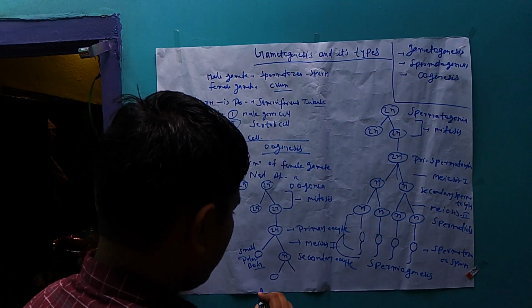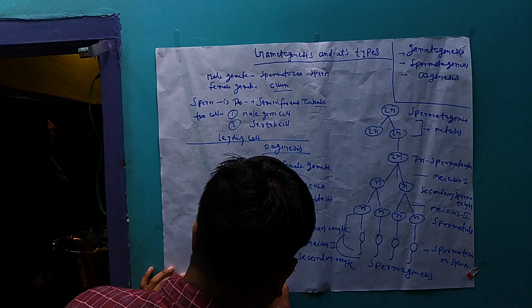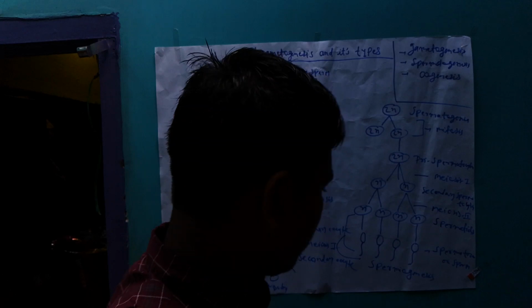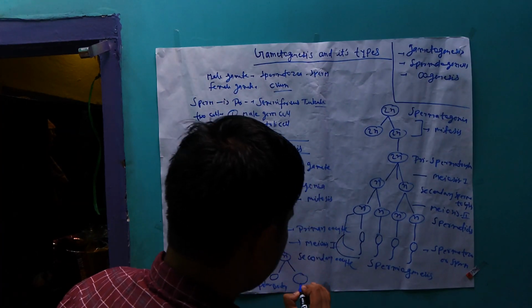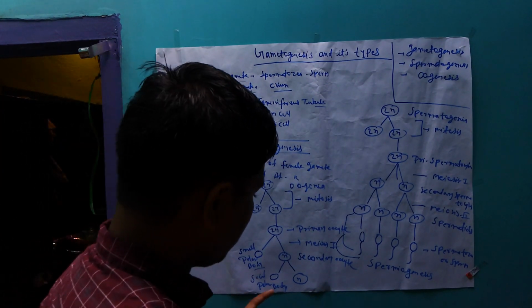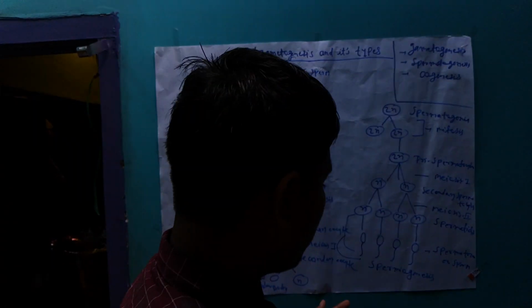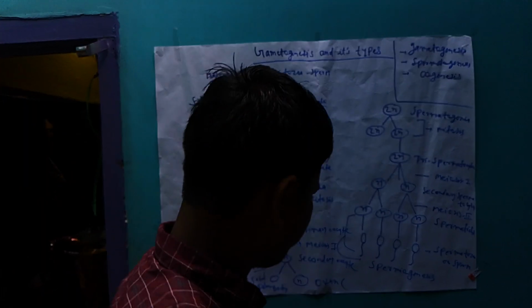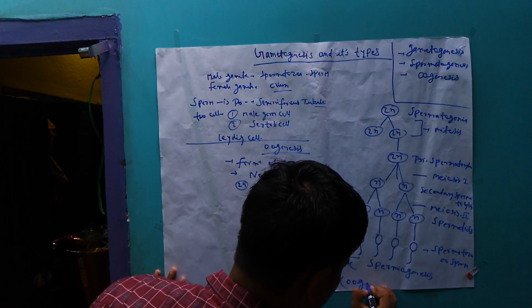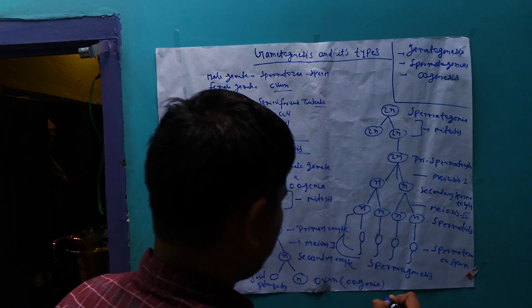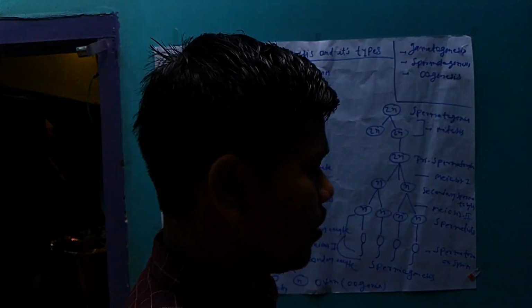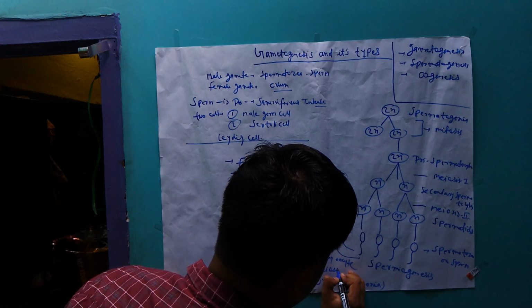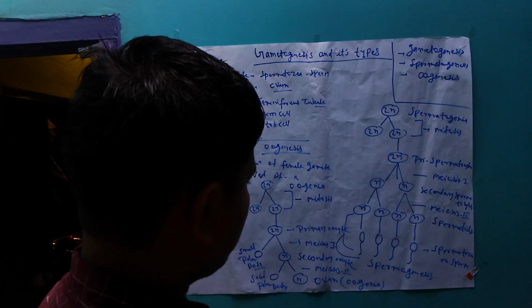Now also the second polar body is formed, and a large cell, which is called the ovum.